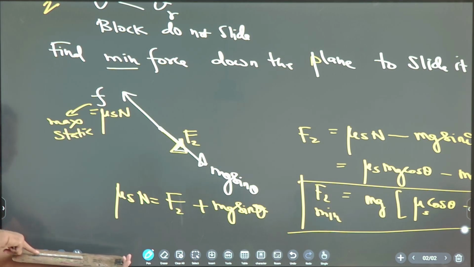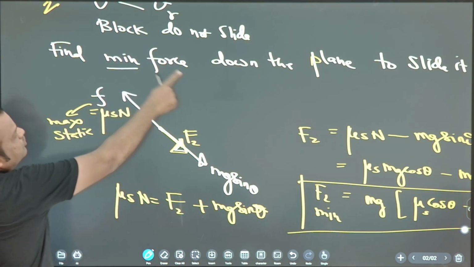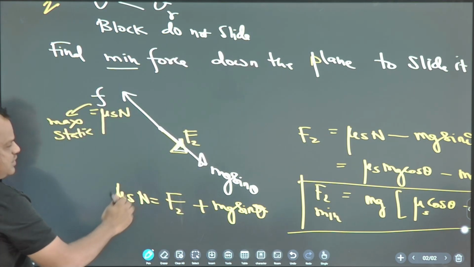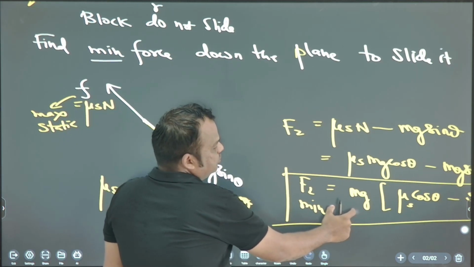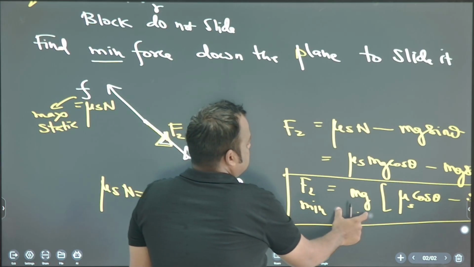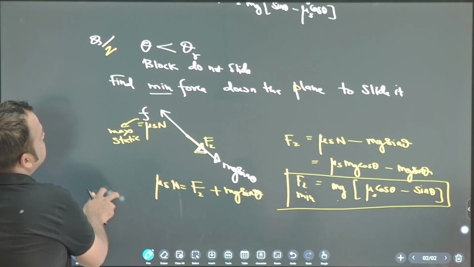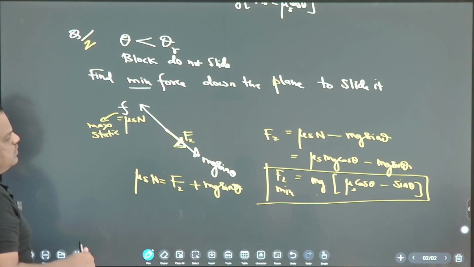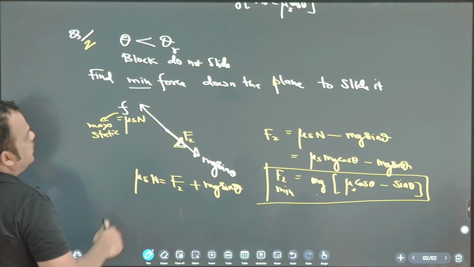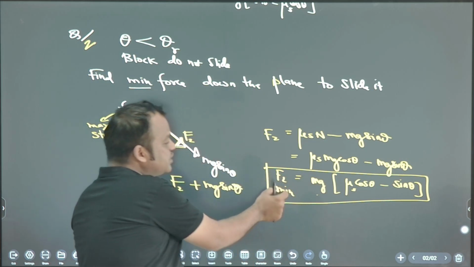You are exerting force like this, down the plane. So minimum force down the plane. Understood? What is the formula? Mg common, mu cos theta minus sin theta. F2 is equal to this value. Correct. Minimum force needed.